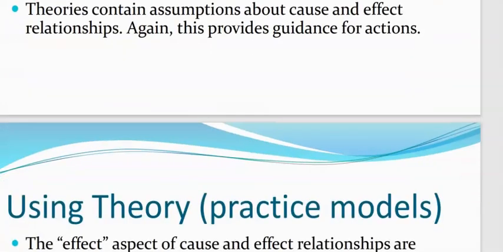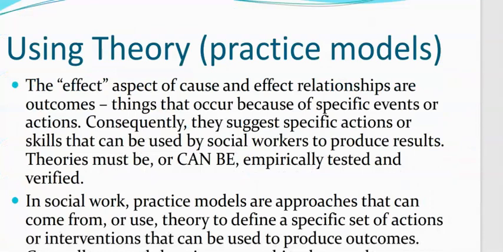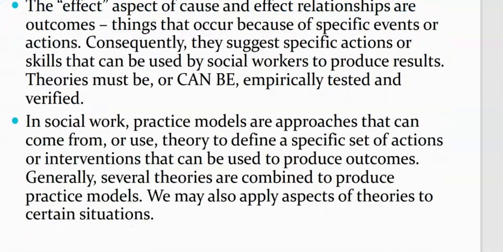Again, this provides guidance for action. Using theory, the effect aspect of cause and effect relationships are outcomes, things that occur because of specific events or actions. Consequently, they suggest specific actions or skills that can be used by social workers to produce results. Theories must be or can be, again, empirically tested and verified.